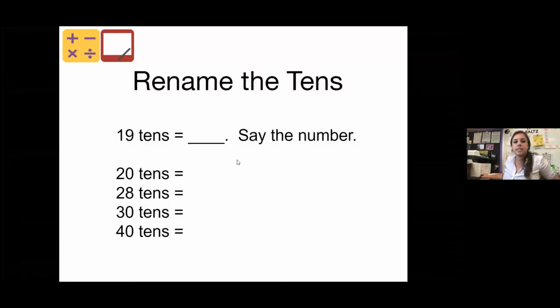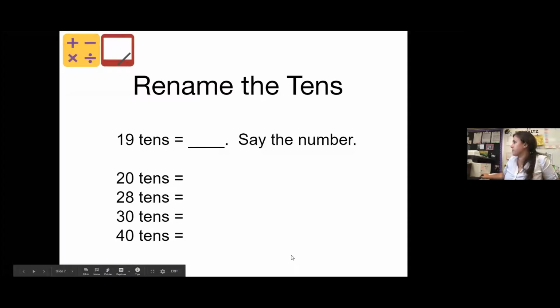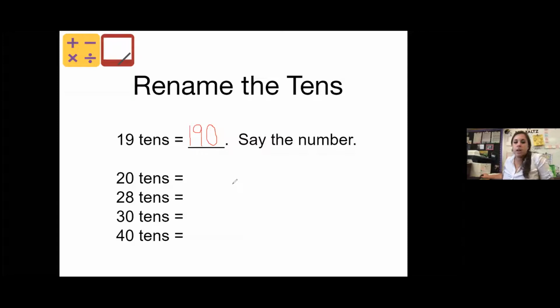All right, let's do the same thing. 19 tens, what's the number? Good, 190. If it helps you to write it down first, go ahead and write it down first. All right, 20 tens. Good, you put a 20 down and then another 0 and you get 200. 28 tens.